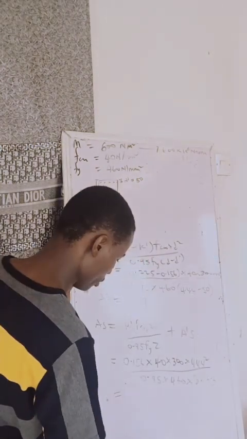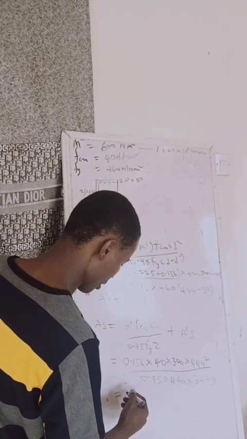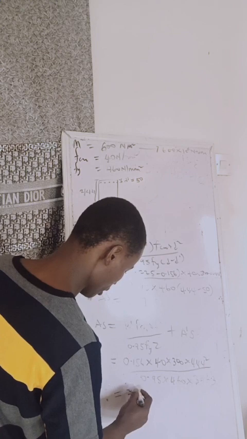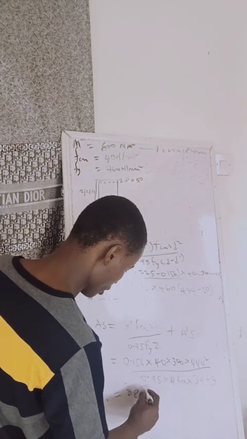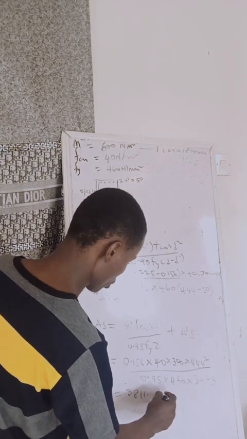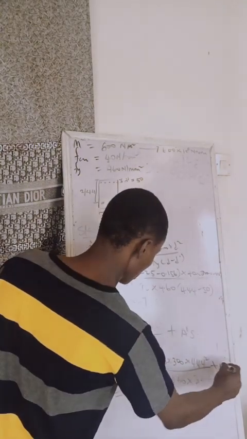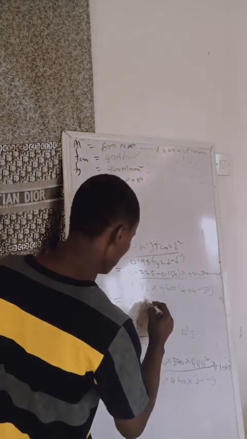By the time you solve, your As should be giving you something like 3811 millimeter square. Don't forget to add this to it, 1067. Add that to it, please.